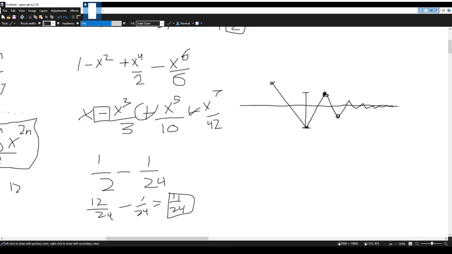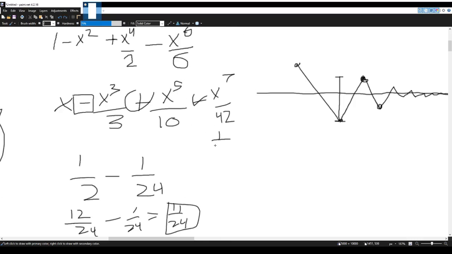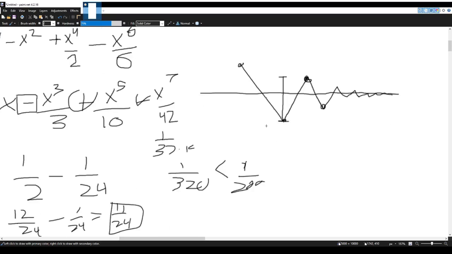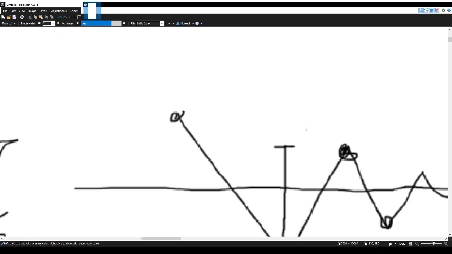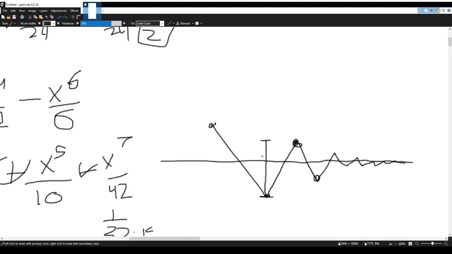So the third term, if you plug in 1/2, would be 1 over 32 times 10, 1 over 320, which is less than 1 over 200. So this distance right here is 1 over 320, and we know the answer has to be within that.